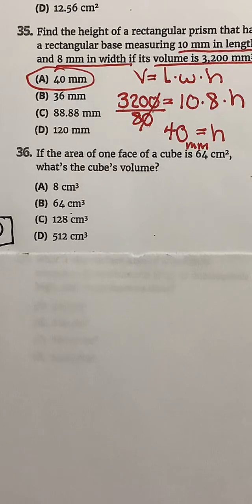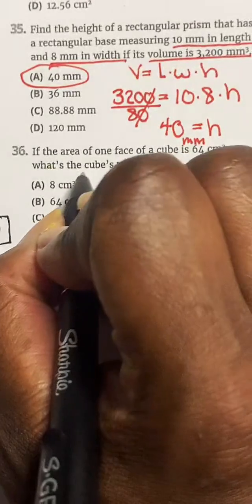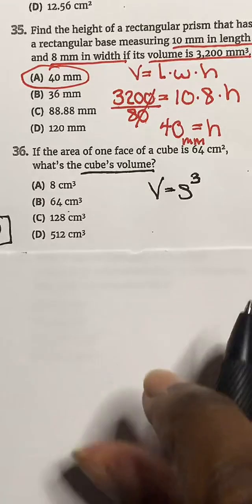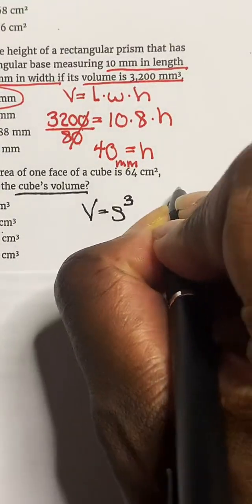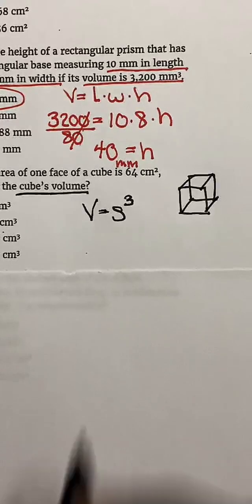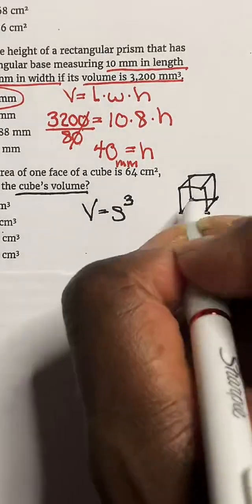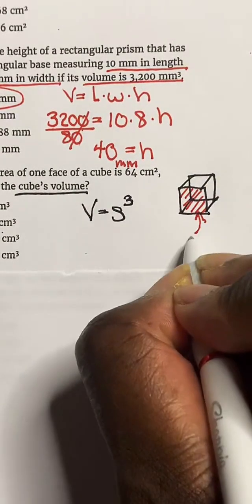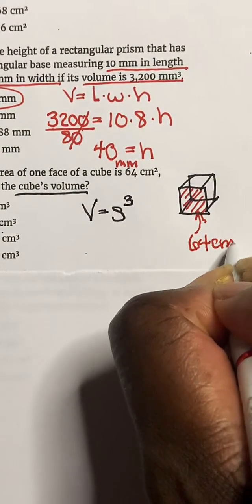Alright, so let's take a look. First off, we need to know what the volume of a cube is. It's basically whatever your side is raised to the third power. If we just did one face, which is this part right here in the front, that is 64 centimeters squared.